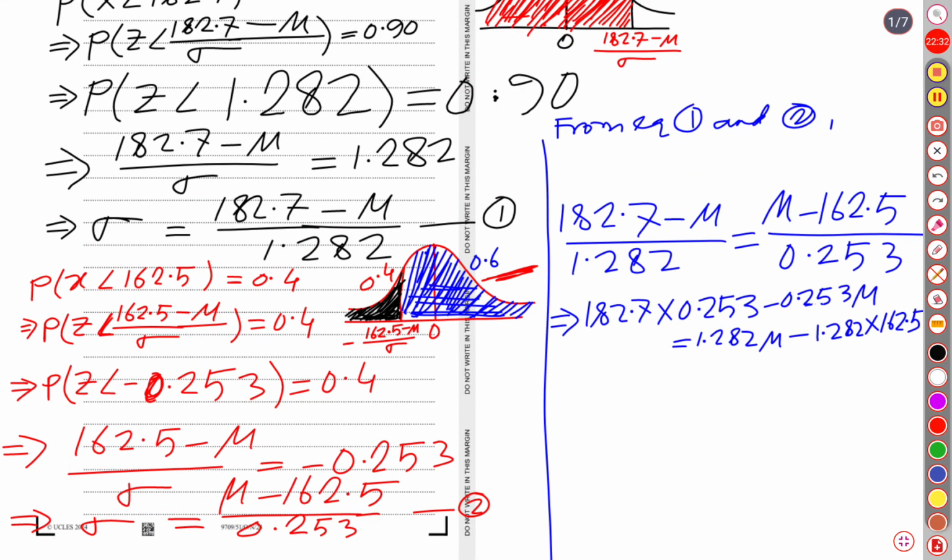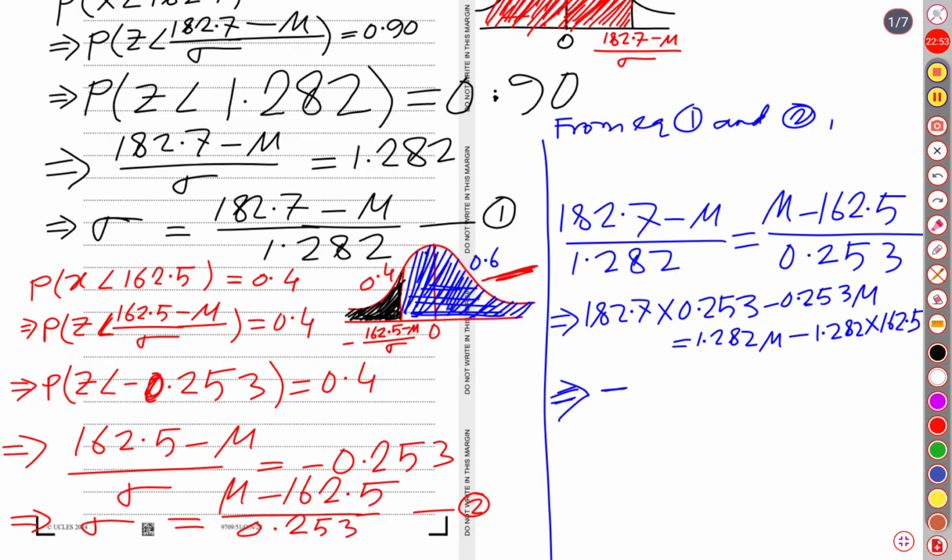If we bring mu to the left side, 0.253 mu on the left side, both mu terms get the negative symbol.